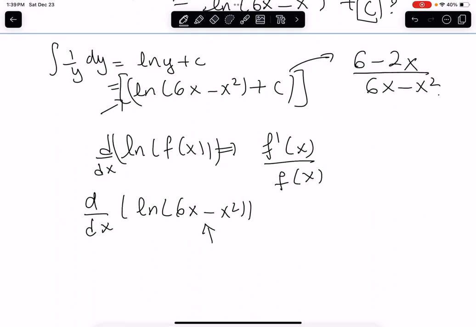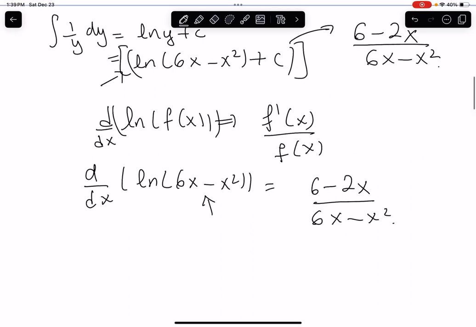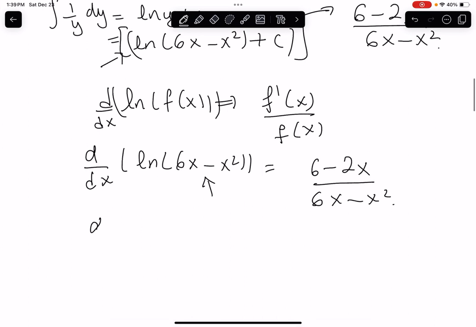This is just the derivative of 6x minus x squared, which is 6 minus 2x, over 6x minus x squared. The reason this works is that d by dx of ln of x we know is already just 1 by x.